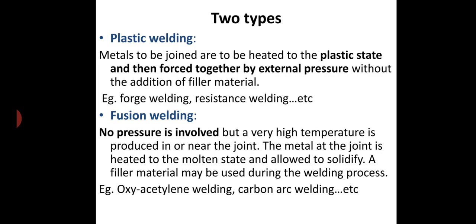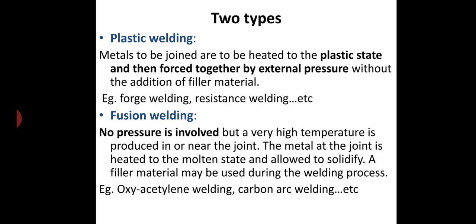So some form of fusion is happening, metal to metal fusion. You can use a filler material if required. It will be based on the type of metal and the type of welding process you are doing. Commonly what we see across is arc welding or oxy-acetylene gas welding. So in those cases we have fusion welding.